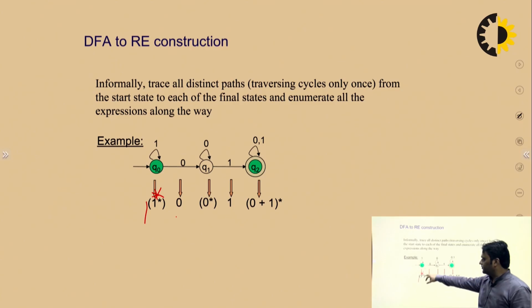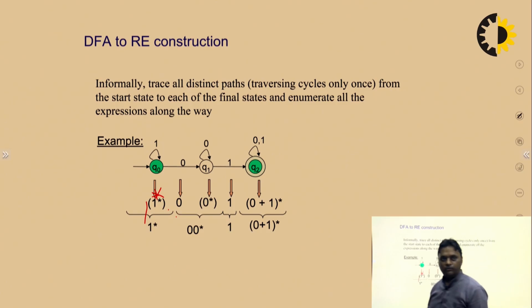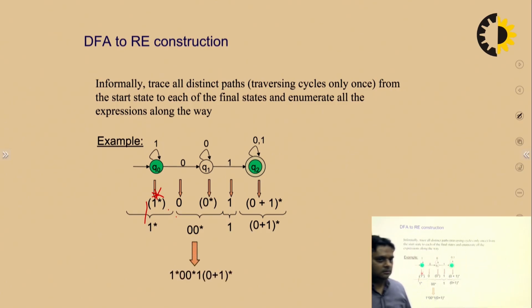So this is 1 star, 0, 0 star, 1 and (0 plus 1) whole star. So written in the form of a regular expression, it is 1 star 0 0 star 1 (0 plus 1) star. So this is the DFA to regular expression construction.